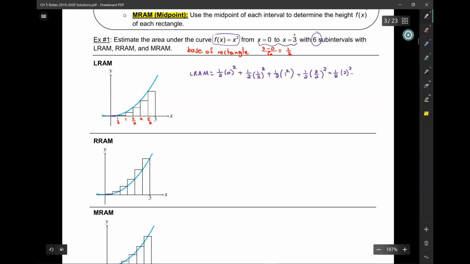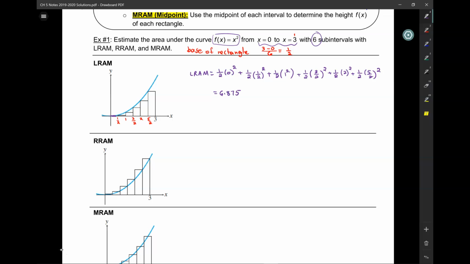Plus 1/2, 5 over 2 squared. So what's the last one that we do? This rectangle, right? You need to have as many terms here as you have subintervals. So 6, right? 1, 2, 3, 4, 5, 6. You add it all up and it's 6.875.